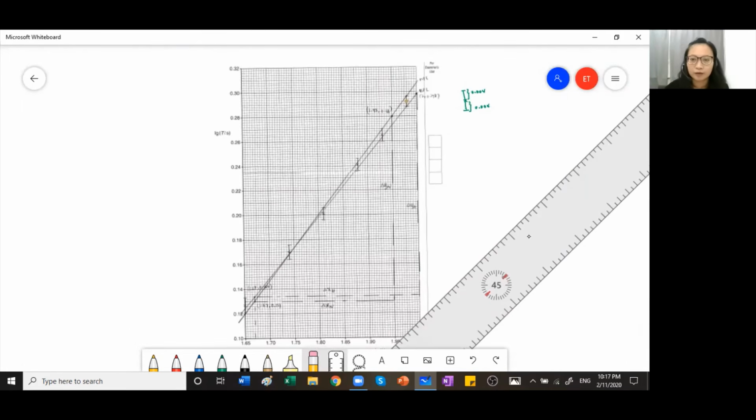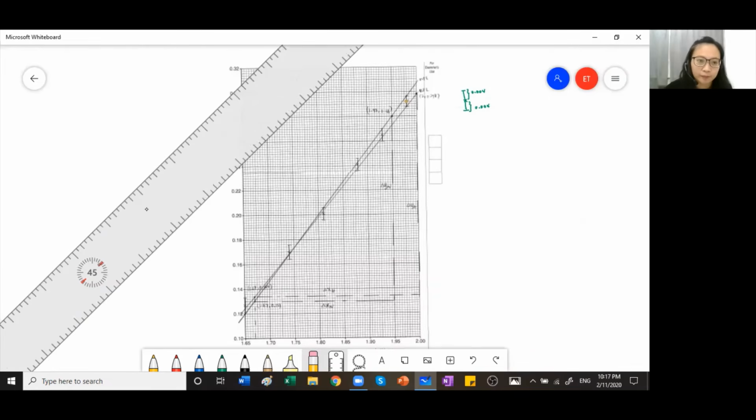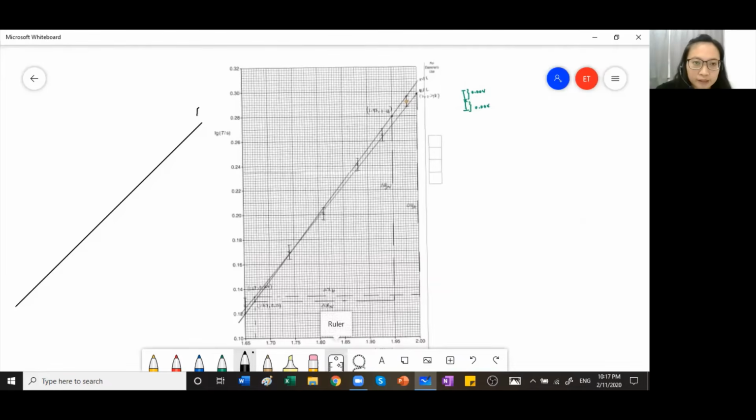Let's say this is my best fit line. Make sure that you label it as best fit line. I label it as BFL here, but I have to explain what BFL means, where BFL means best fit line.